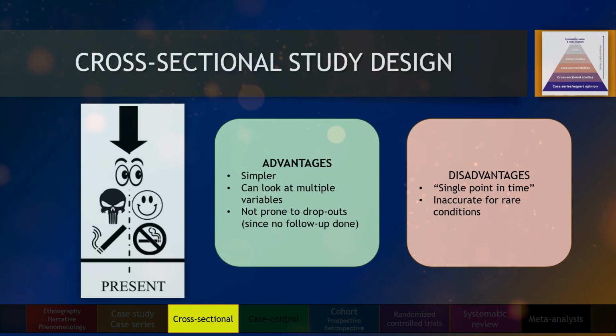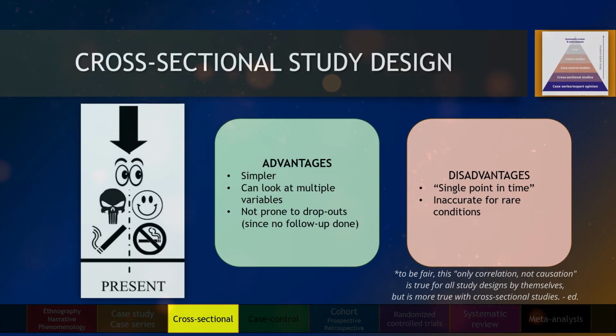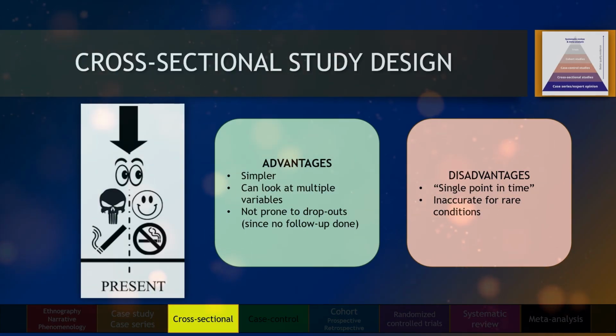However, its disadvantages include its poor contribution to causality, since you only do one data collection for both exposure and outcome. Therefore, you cannot justify whether the exposure actually preceded your outcome. Another drawback is its inaccuracy for rare conditions, since sampling of big populations may miss out on subjects with rare disease. Now let's move on to the next study design.